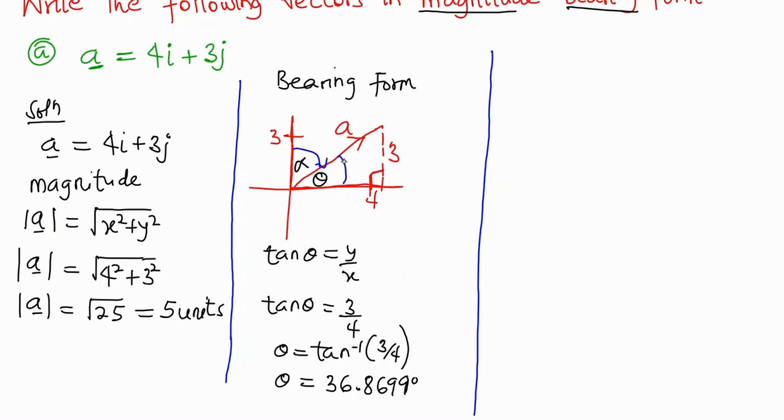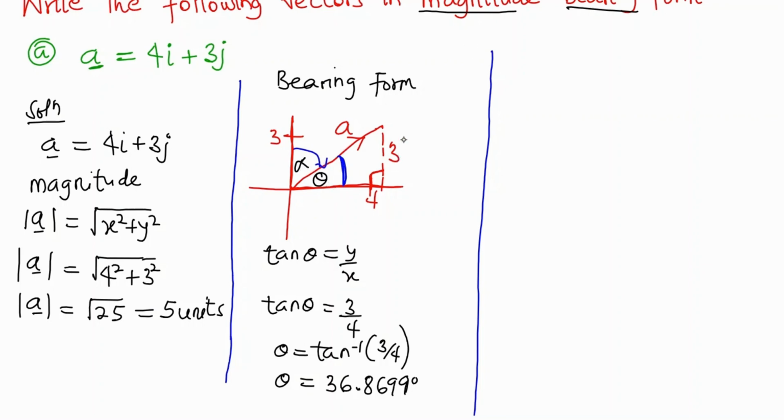We know theta to be 36.8699 degrees, so alpha is basically going to be 90 minus theta.